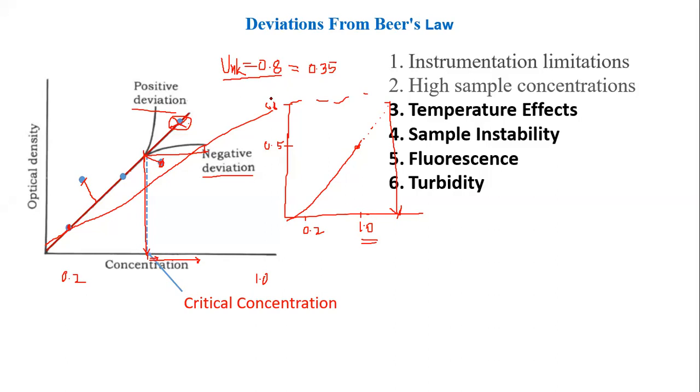Yes, sir. If the sample obeys Beer's law, then the OD should be exactly half of 0.8. But imagine that the OD drops to 0.35. What this tells you is that now 0.35 is in the range. Maximum OD is 0.5 and it is in the range of your standards. So can I not plot 0.35 and find out what is the concentration value?